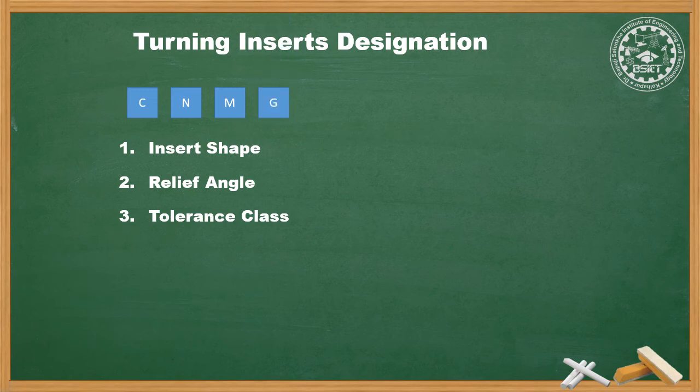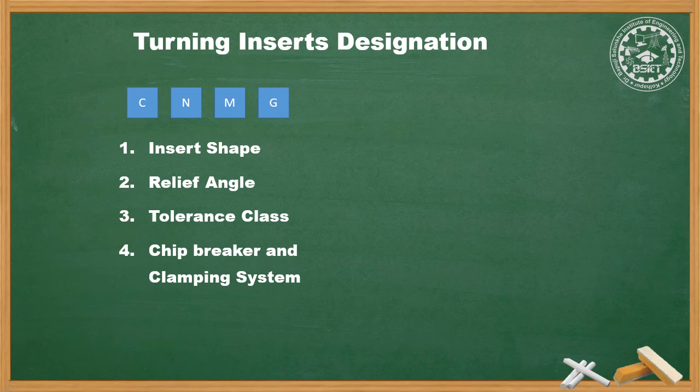Fourth is the chip breaker and clamping system, in which we can see there are different types of chip breaker and clamping system. The symbol G represents the chip breaker and clamping system with hole, cylindrical hole, and double sided.